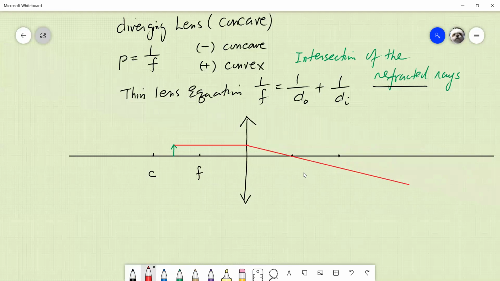Now I'm going to put the dashed line just to emphasize that they are the refracted waves.